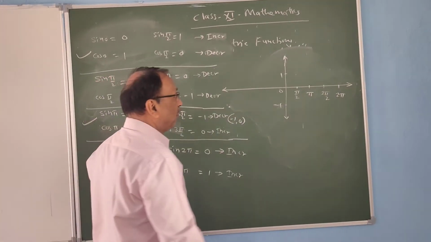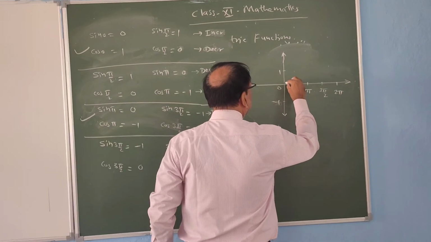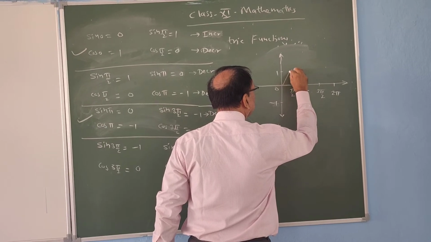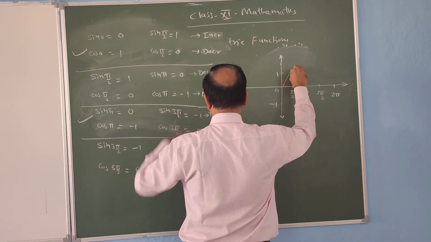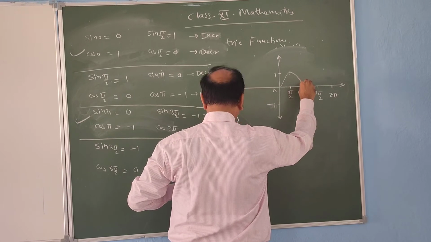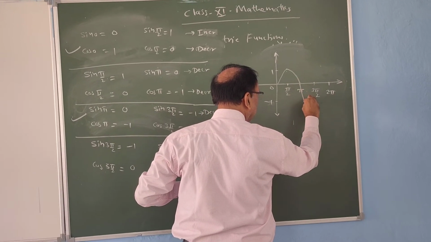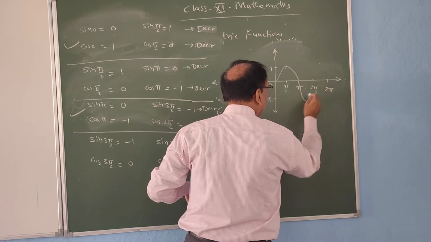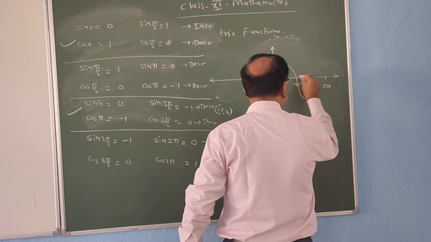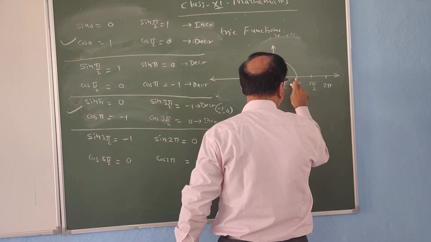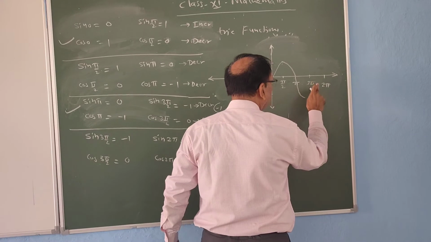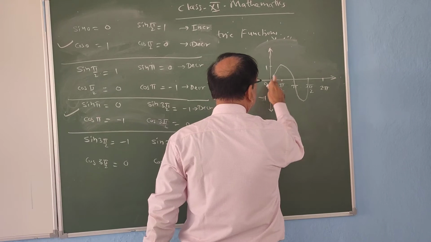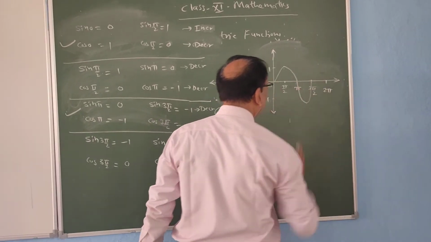Now see, in first quadrant, sine is increasing from 0 to pi by 2. Second quadrant, decreasing. Third quadrant, decreasing. And this, first, second, third, and fourth quadrant again increasing.